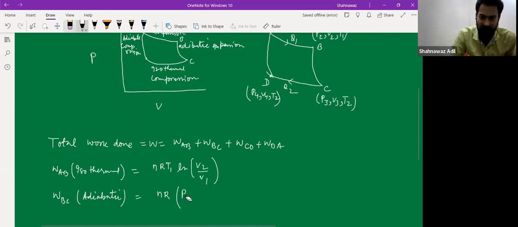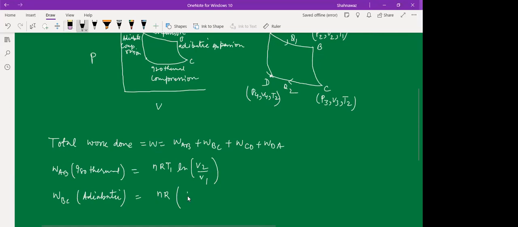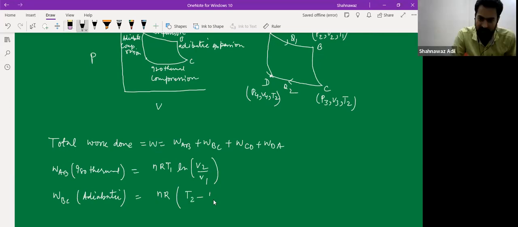In the form of temperature, it was T2 minus T1, and then upon 1 minus gamma, right?